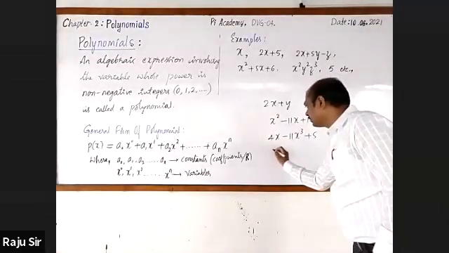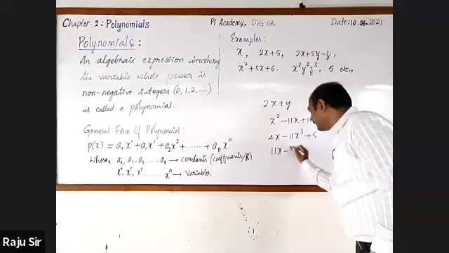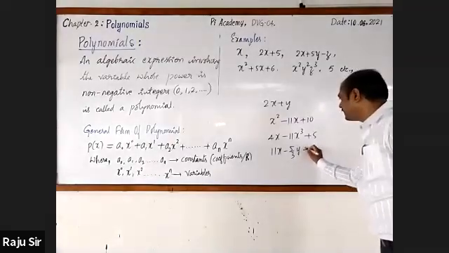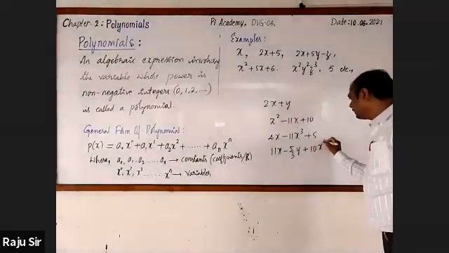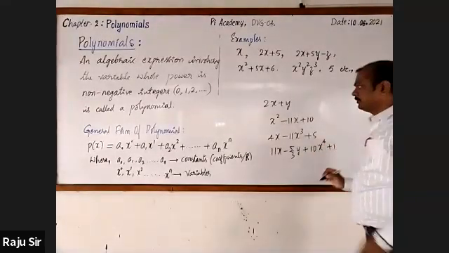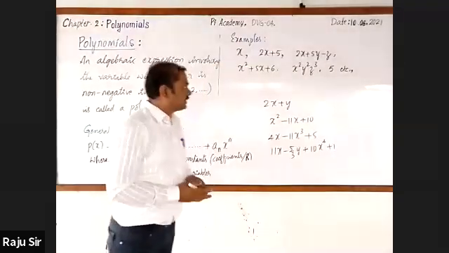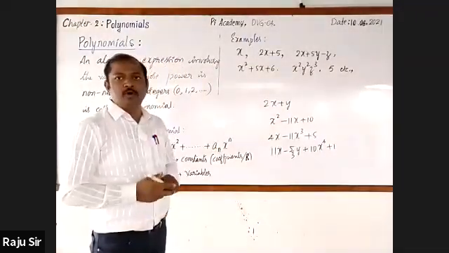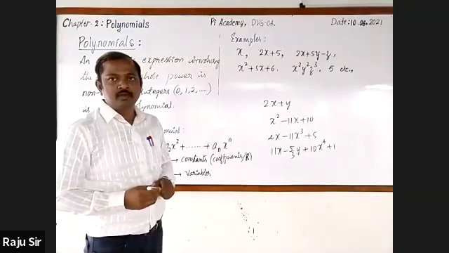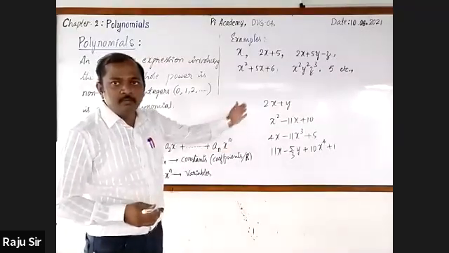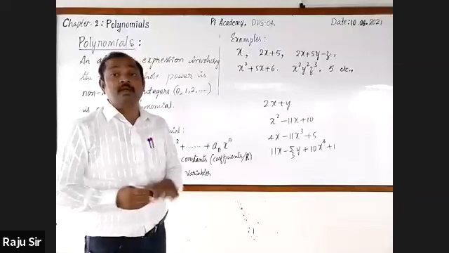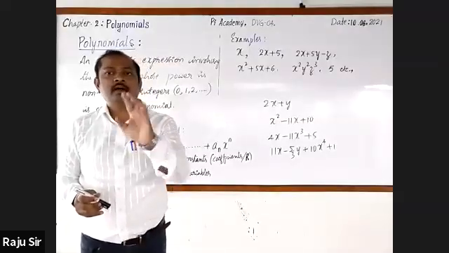Next, I'll take one more. 11x minus 5 by 3 y plus 10 x raised to the power 4 plus 1. See, these are the four polynomials. Observe the variables involved and also their power.